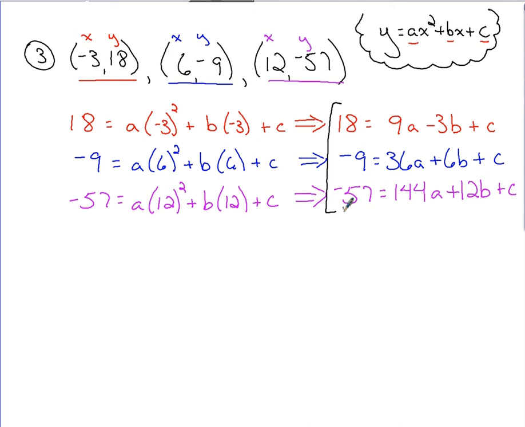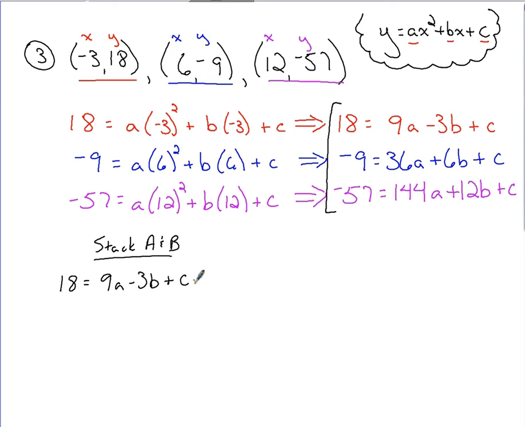So if I call this stack A, this stack B, this stack C, and I stack, say, A and B, or if I've got too many A's and B's floating around, because you are solving for a, b, and c here, if you want to choose other variables, choose other variables. But by saying I stack A and B, that means I'm stacking the first 2 equations. I'll take 18, set that equal to the 9a minus 3b plus c.